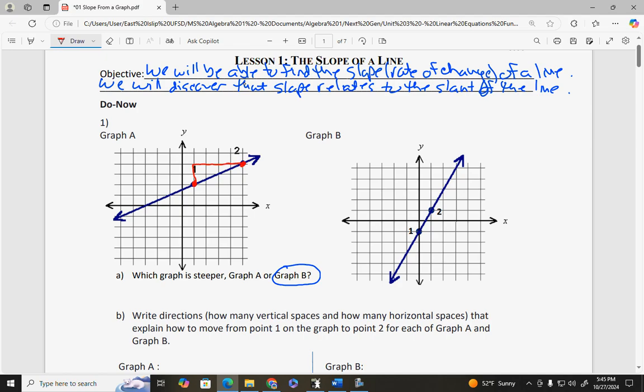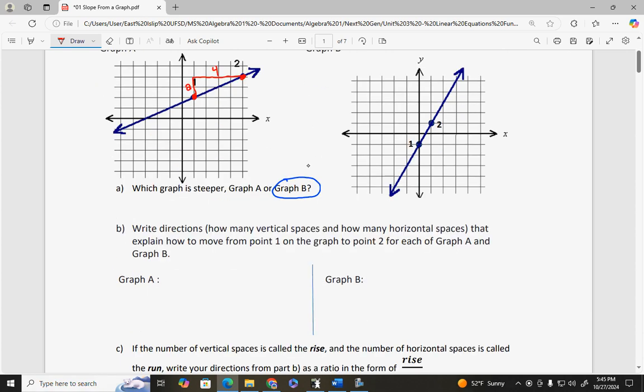You could see I went up 2 boxes and to the right 4 boxes. So my directions would be go up 2 and to the right 4. And on graph B, you can see that we have to go up 2 and to the right 1.